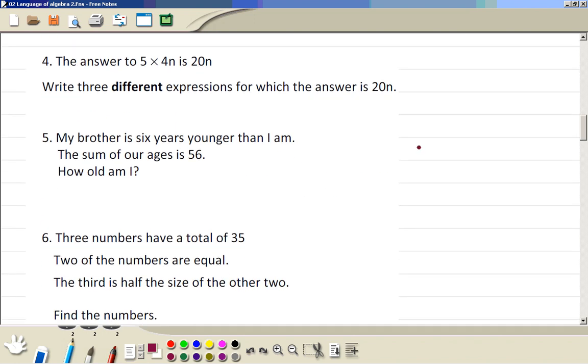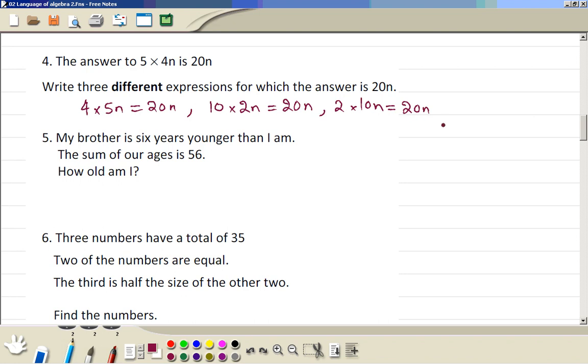Number 4, 5 times 4n is equal to 20n, and we can also have 4 times 5n, this is equal to 20n, or we can have 10 times 2n, this is equal to 20n, or we can have 2 times 10n, this is equal to 20n.